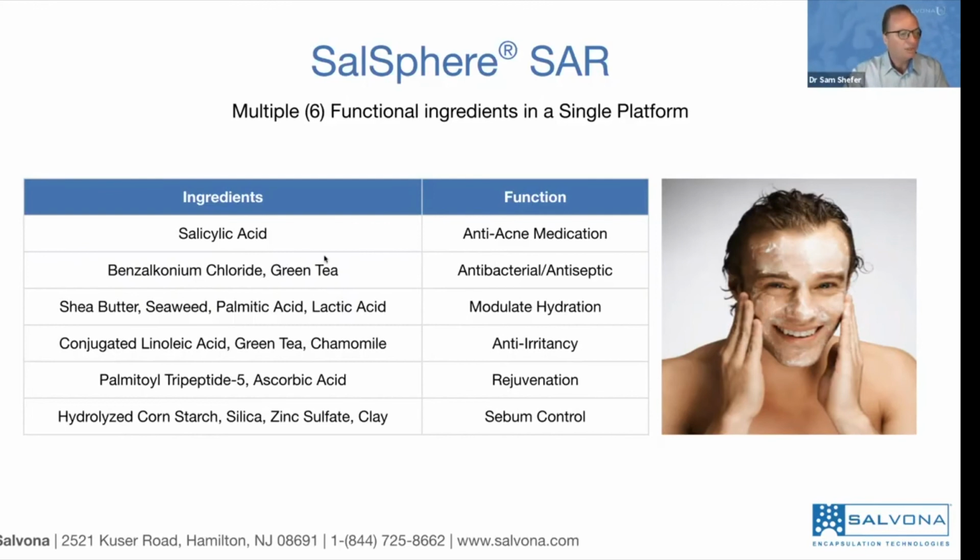The same thing with tea tree and green tea. Green tea is used as another antibacterial and antiseptic, and is known from the literature to have a major effect on relieving acne. Then we have several groups of waxes and alpha hydroxy acid.